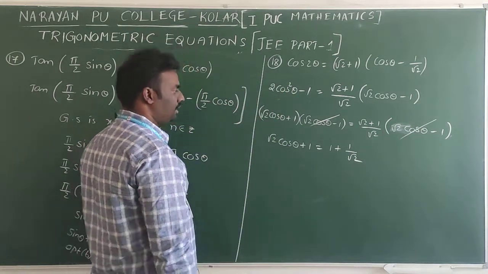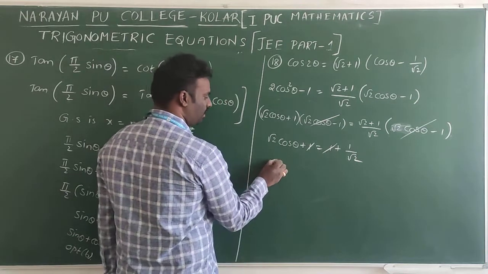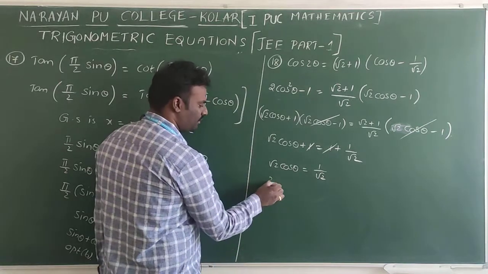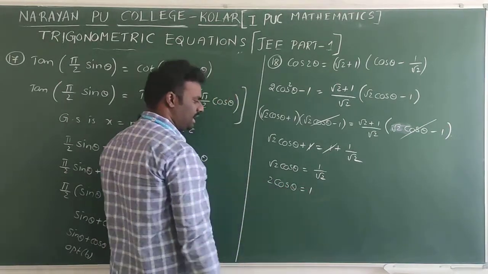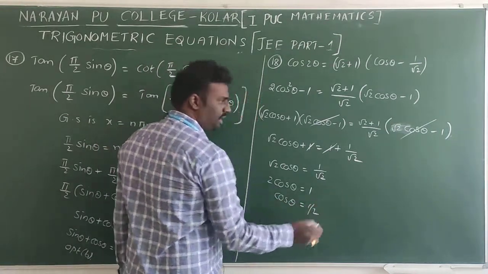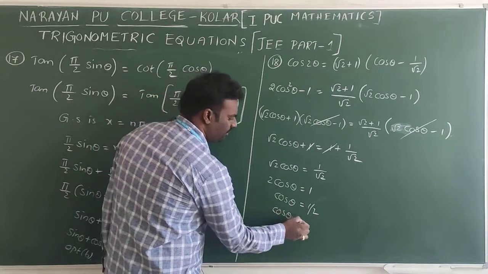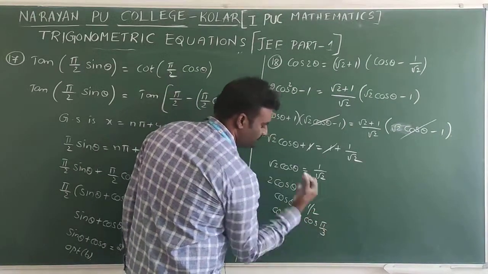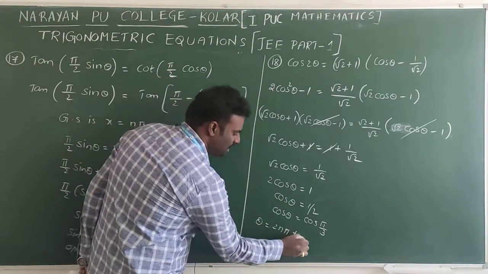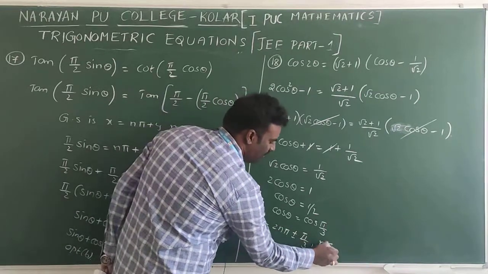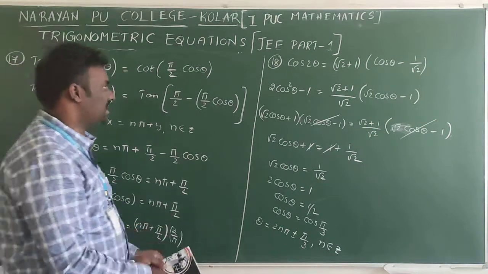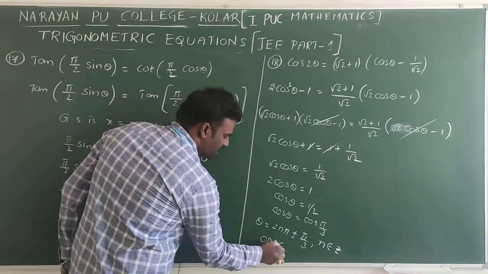Now 1 gets cancelled. Now root 2 cos theta is equal to 1 by root 2, cross multiply: 2 cos theta is equal to 1. Now cos theta is equal to 1 by 2. When is cos value 1 by 2? Cos 60. Now theta is equal to 2n pi plus or minus pi by 3, where n belongs to z. So this is the answer for question number 18, but this is not given, so none of these, that is nothing but option D is the correct answer.